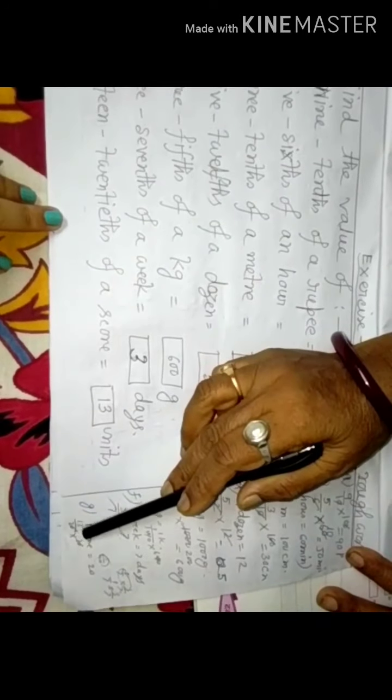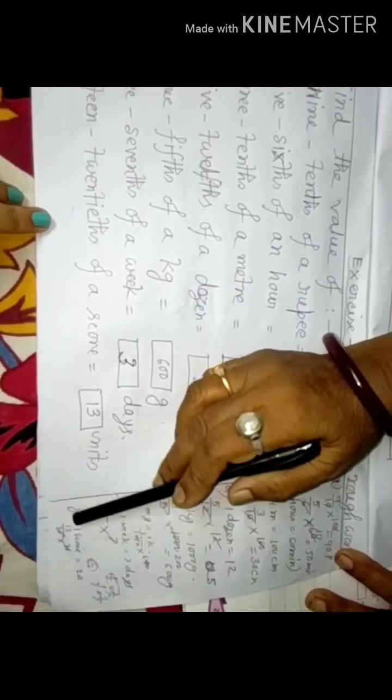13/20 of a score. 1 score equal to 20. So 13/20 into 20 is 13 units. Okay. 7/20 of a rupee. 1 rupee equal to 100.